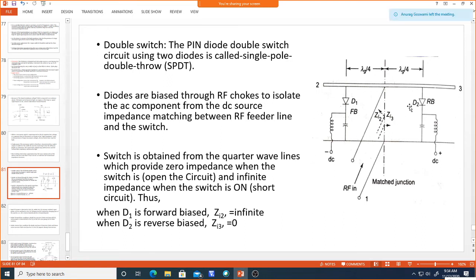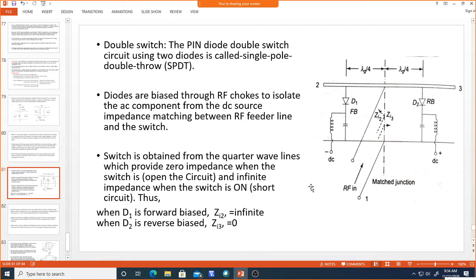You can see the diodes are parallel to these ports. We can use port 1 as the RF input port, and from ports 2 and 3 we can extract the power. There is a transmission line spaced from port 2 to port 3, which is lambda g by 4, and this is a matched junction between port 2 and port 3.